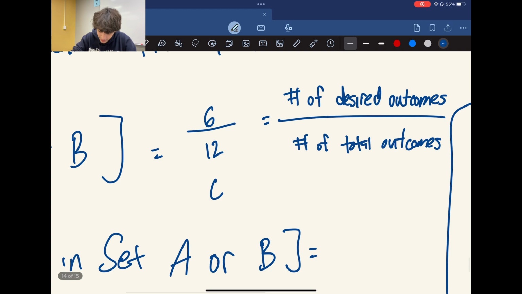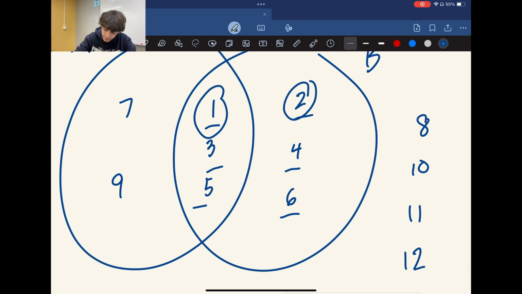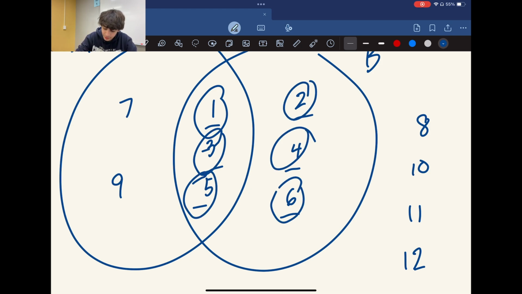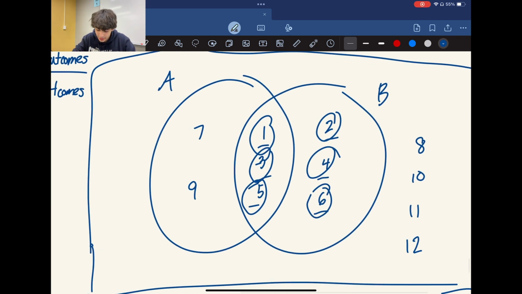And if we wanted to put this into decimal form, we would just get 0.5, which checks out. We have 6 elements inside set B, and then there are 6 elements that do not belong to set B. 6 over 12 equals 50%. Checks out pretty good to me.